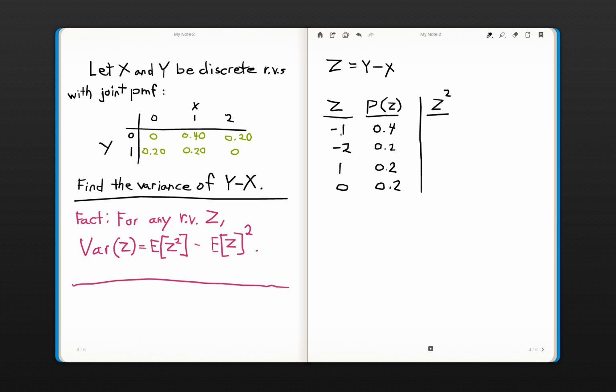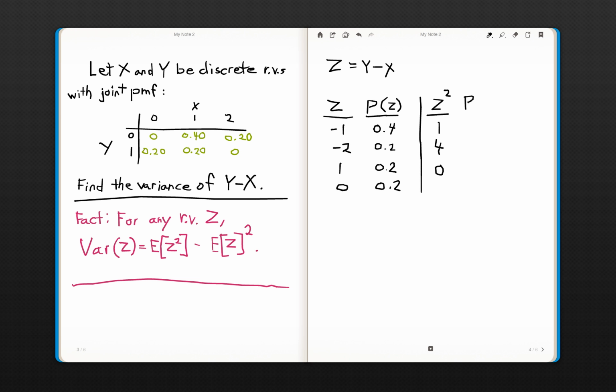Squaring, we see negative 1 and 1 both give 1. We also get 4 from squaring negative 2, and squaring 0 gives 0.